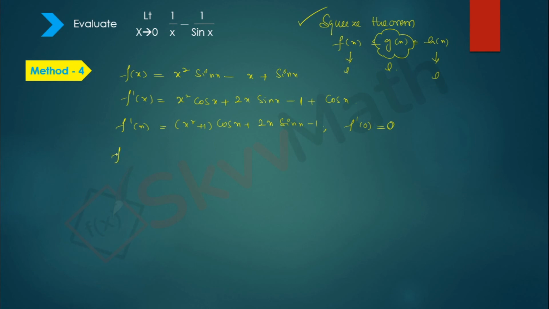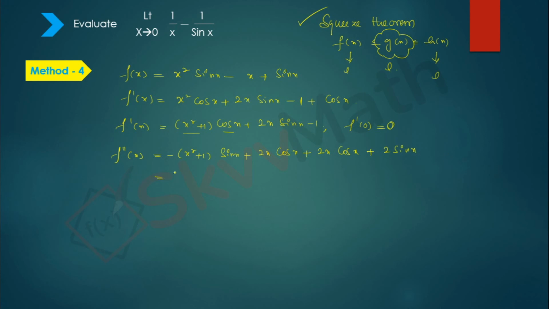Now I'll find f double dash x. Again u into v: (x square plus 1) into the cos x derivative, minus sin x, then cos x into the derivative of x square plus 1, which is 2x cos x, plus again u into v: 2x sin x derivative gives cos x, plus 2x into cos x, then sin x times the derivative of minus 1, which is 0.